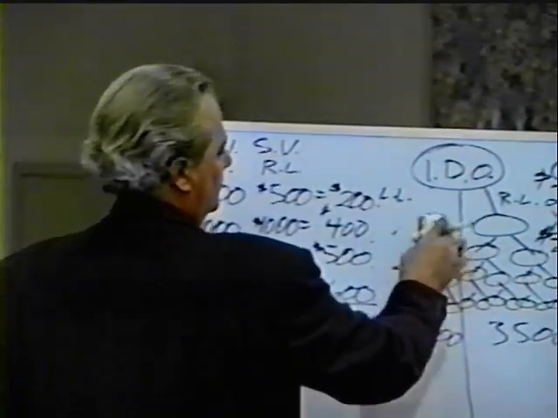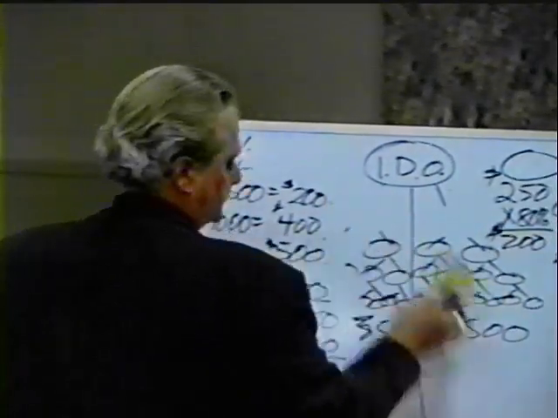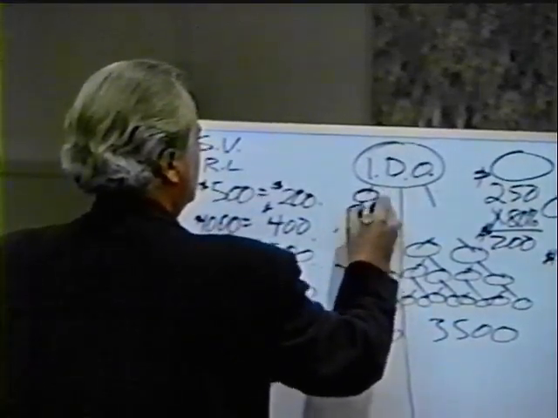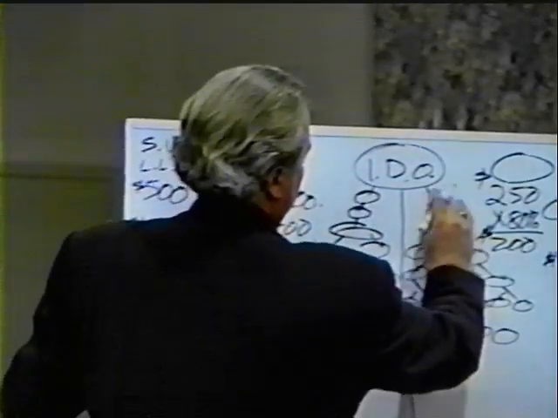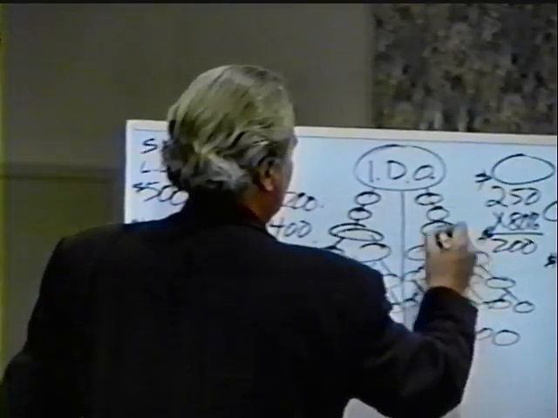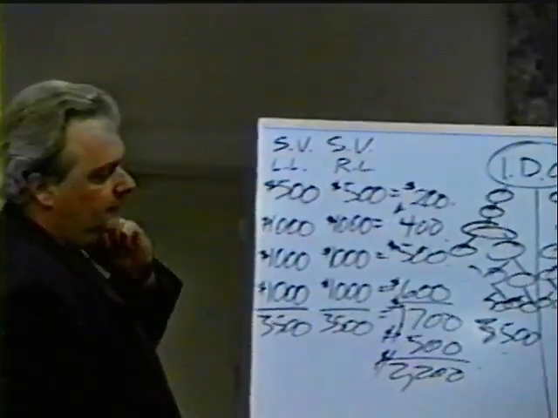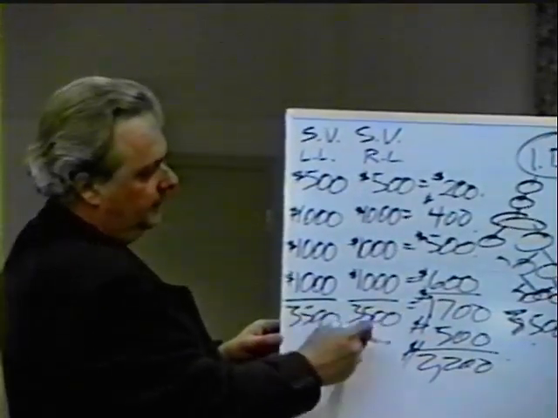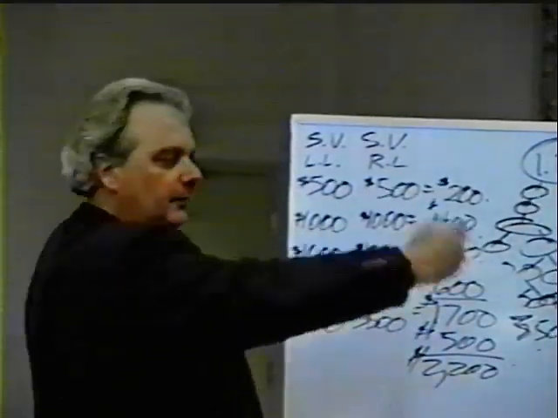Let's change this to 5 IDOs. So instead of having 1 income center, you now have 5. And by having the 5, instead of being paid once on this sales volume on the left and right, this $3,500, you can now get paid on that same sales volume multiple times because you have multiple centers.